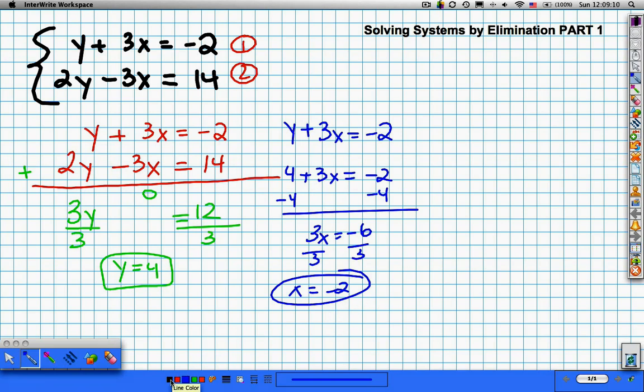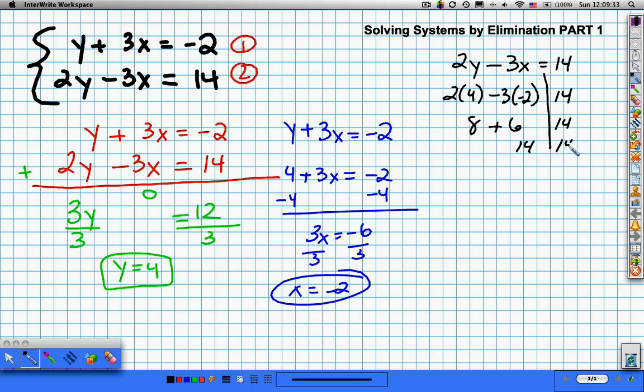So what do we do now at this point? We're going to check it. So let's test it in equation number 2. So I said x is negative 2 and y was 4. So 2 times 4 is 8, a negative 3 times a negative 2 is a positive 6, and 8 plus 6 is 14.